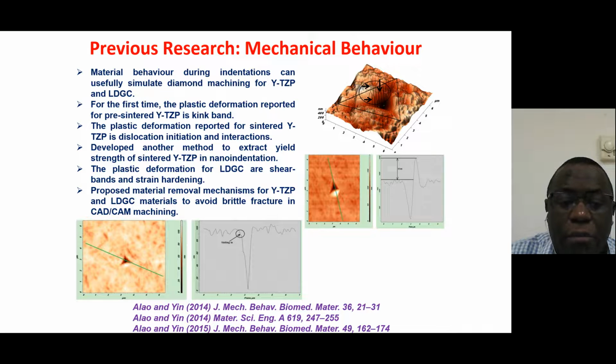Then after isostatic pressing, we subject it to high temperature, which is known as sintering. In the case of presintered zirconia, the particles are compacted together, and once they are compacted isostatically, they are called a grain compact. It also comes with a high level of porosity. You have some porous structure.